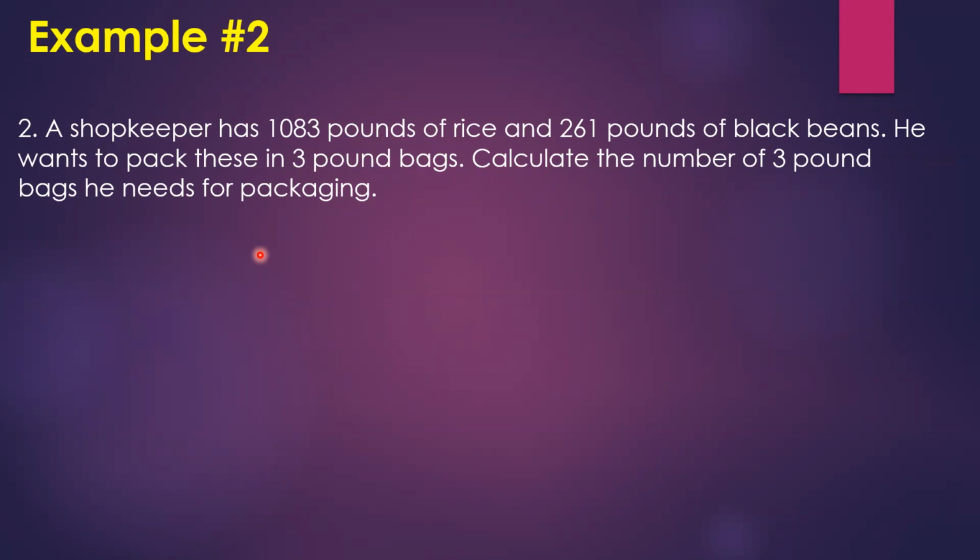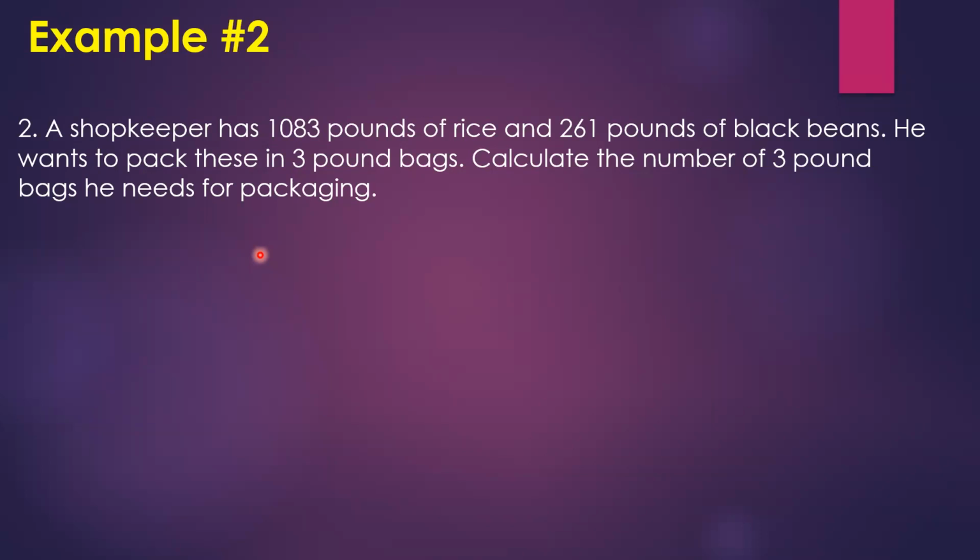I don't know. We have 1,083 pounds of rice, 261 pounds of black beans. You want to package them in 3-pound bags. What operation are we going to be using? Addition, subtraction, multiplication, or division? Addition?